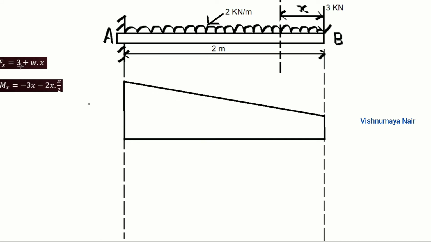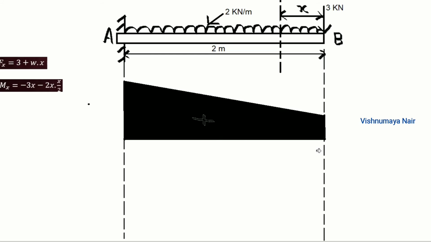See, this is the equation for shear force. So shear force Fx is equal to 3 plus w into x. It's a function of x. That is, x is the distance of the section from the free end. So as this x increases, shear force also increases like this. It follows a straight line law. This is positive and you can shade the region.